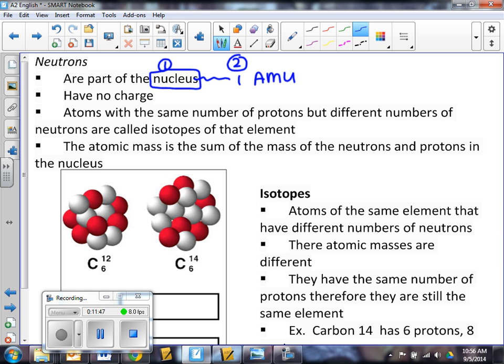Its mass is also 1 atomic mass unit. So the mass of a proton and the mass of a neutron are equivalent to each other. The third thing that you need to know is that neutrons have no charge. So those are the same 3 points I would expect you to know about a proton. Because they have no charge, that's why I write N with a little 0 as my symbol for a neutron. The 0 represents no charge.